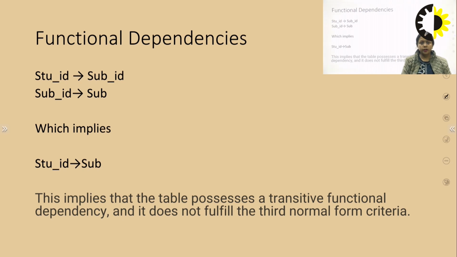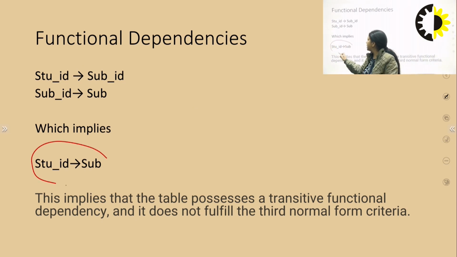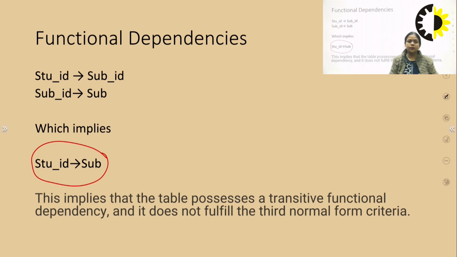To convert this table into the third normal form, we have to use the decomposition technique, and we will divide the table into two tables. Because of this dependency, we have a transitive dependency here. So we will decompose the table in this way, so that these two attributes will be in a different table.